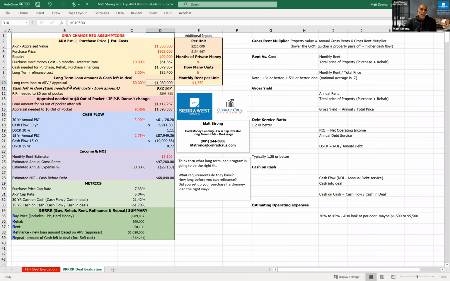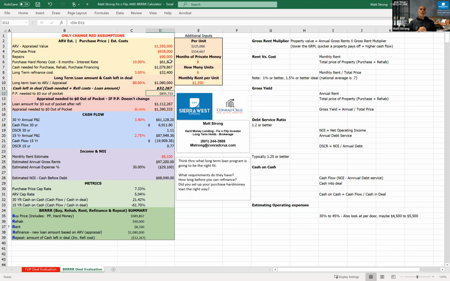So then I look at it and say, all right, how much cash is left in this deal of my cash when I go to refinance it? And so this number is this. It's my long-term cost to refinance plus my all-in costs of my purchase price, my repairs, and my cost of money.